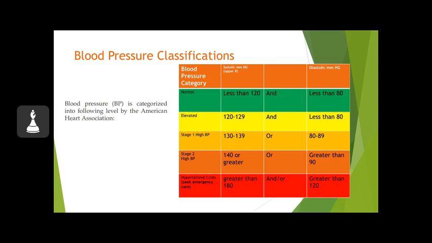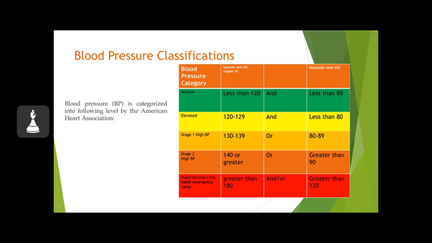Blood pressure is categorized into the following levels by the American Heart Association. Normal or healthy blood pressure is less than 120 systolic and less than 80 diastolic. Elevated pressure is 120 to 129 and less than 80.